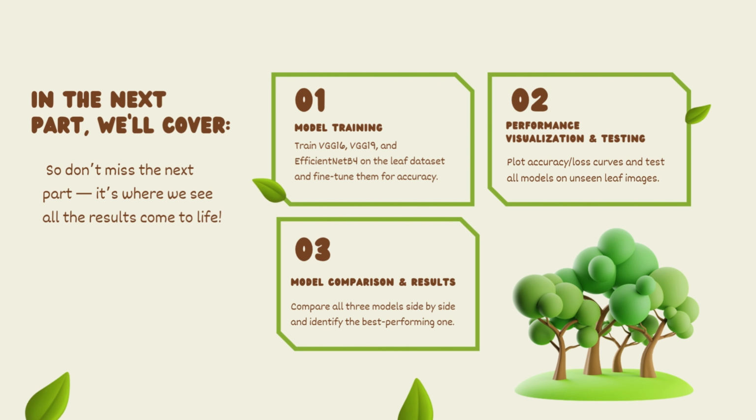In the next part, we'll cover model training: train VGG16, VGG19, and EfficientNetB4 on the Leaf dataset, and fine-tune them for accuracy. Performance visualization and testing: plot accuracy and loss curves, and test all models on unseen Leaf images. Model comparison and results: compare all 3 models side by side and identify the best performing one.